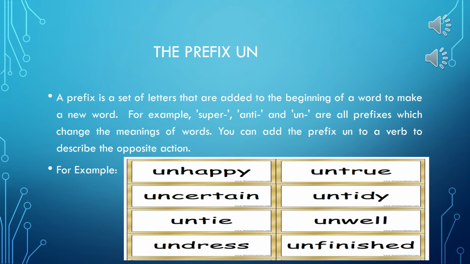Untrue means false. Untidy. Like your room is really untidy. Tidy up your room, okay? Untidy means it's not clean, and tidy means your room looks really clean. Unwell. Well means when you are great, when you are fine, and unwell means when you are not well. Unfinished, not finished.